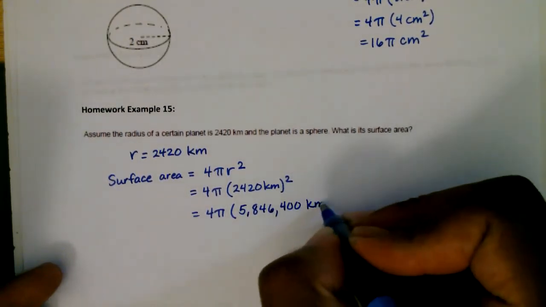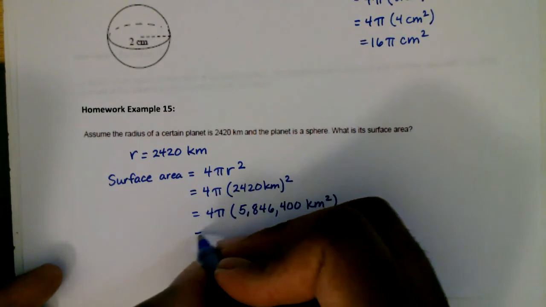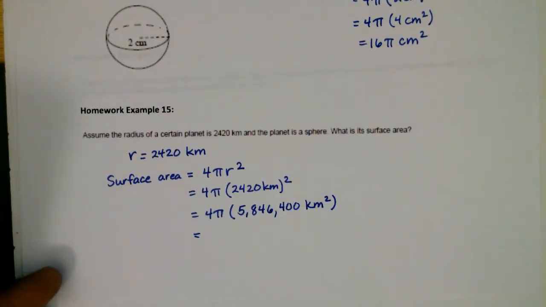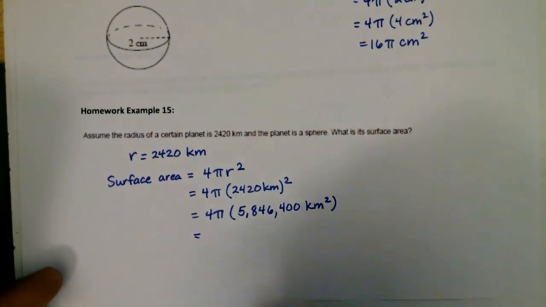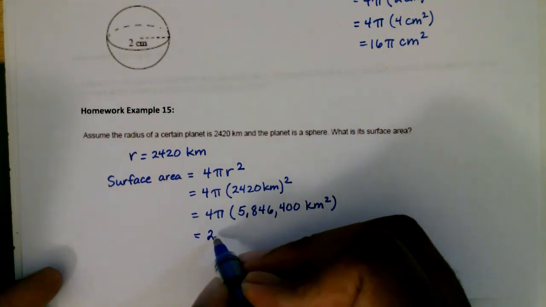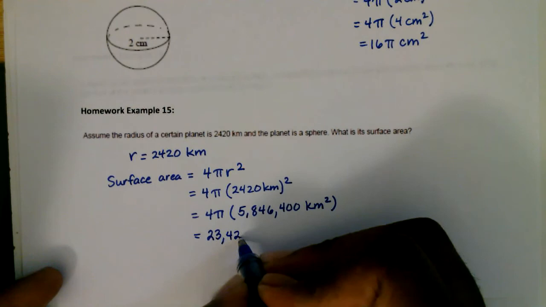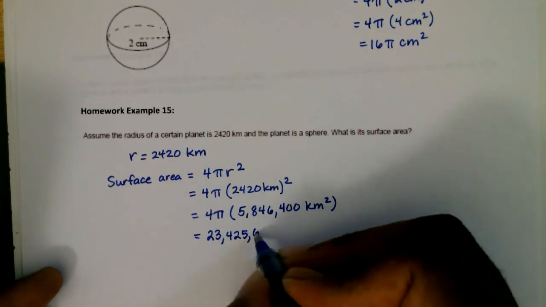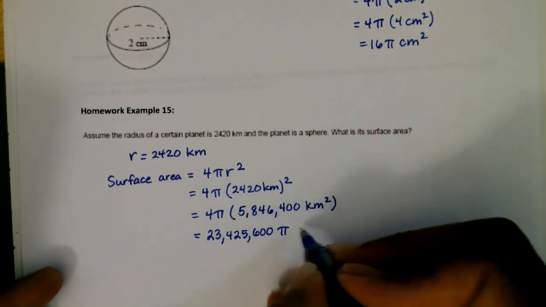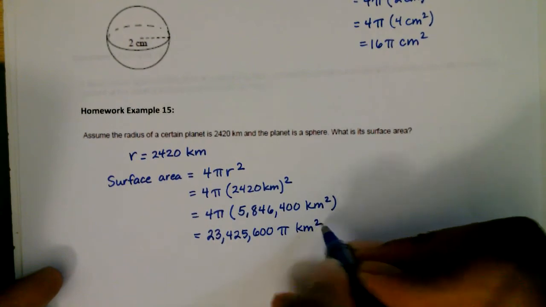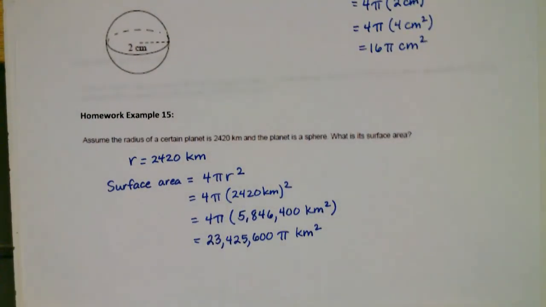And that's square kilometers. And multiply that by 4. This will be 23,425,600 pi square kilometers. So here, that is going to be the surface area of a certain planet, which is, of course, a sphere.